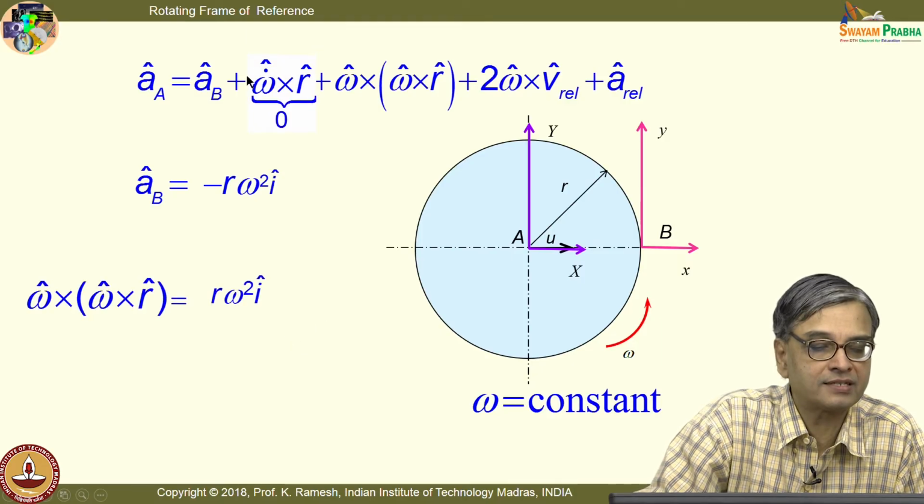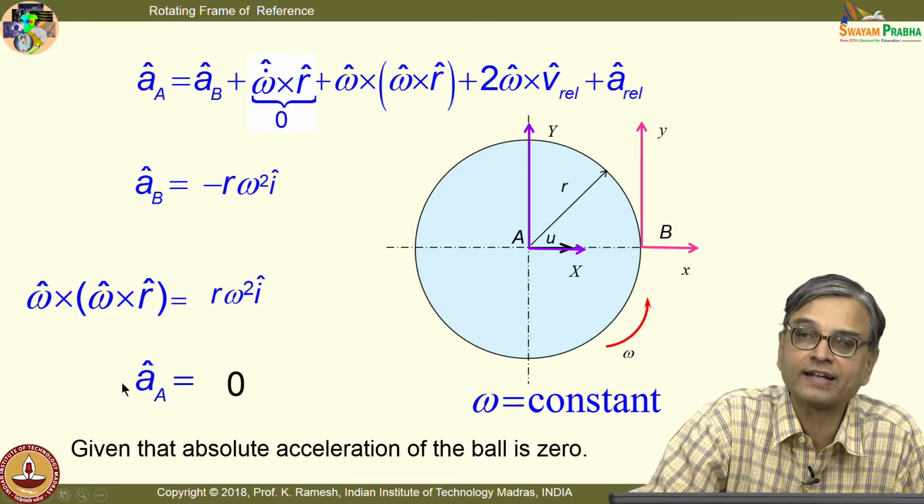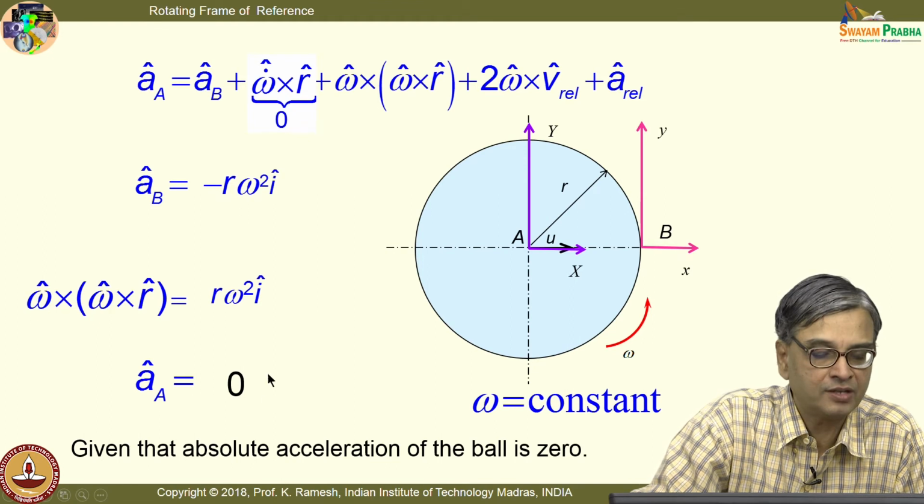And I have omega dot cross r is 0, because omega dot is 0, and we also have omega cross omega cross r, that is minus r omega squared I, and we also have in the problem statement that there is no acceleration in the horizontal direction. So, A_rel equal to 0.